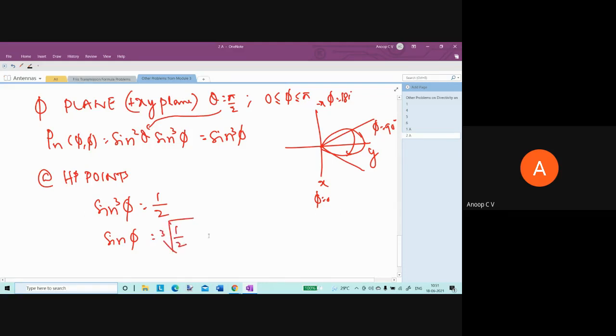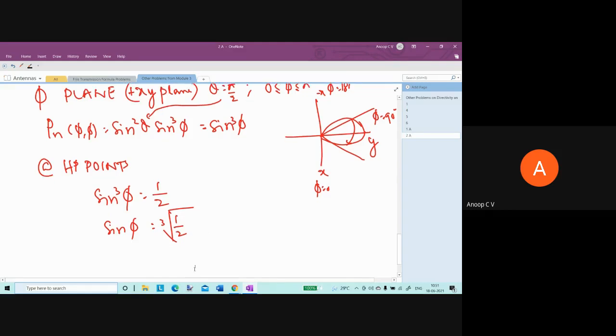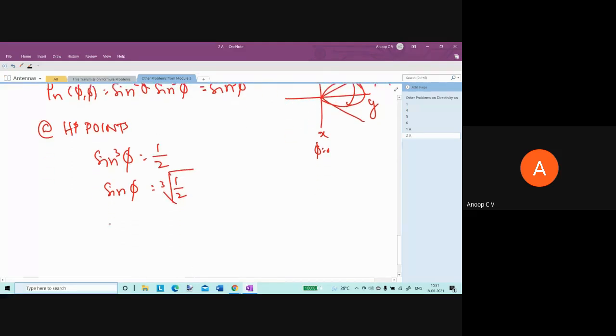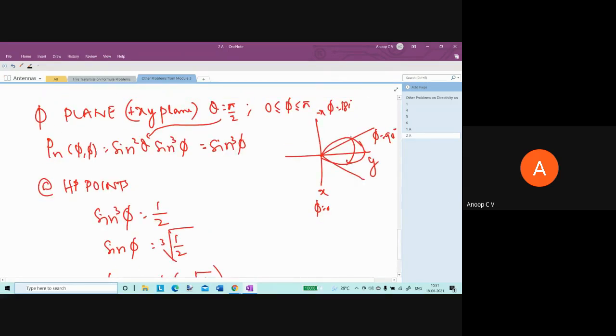And phi will be sine inverse of this cube root of half. So what are the values? Around 90 degree. So I need two values. One will be before 90 degree, this value I need, and also this value. What will be those values?